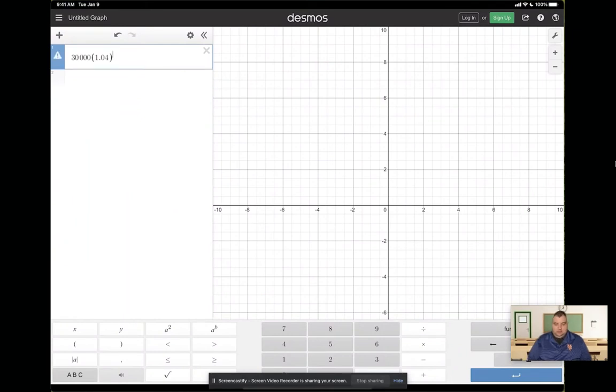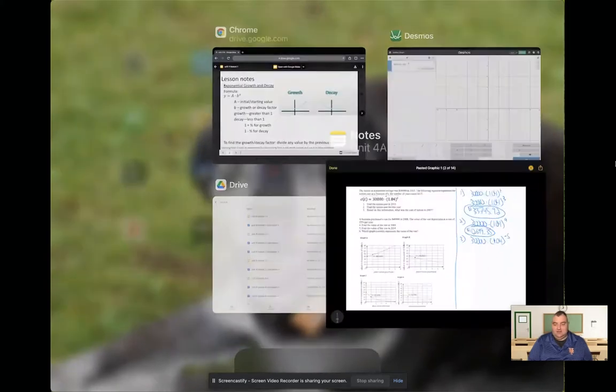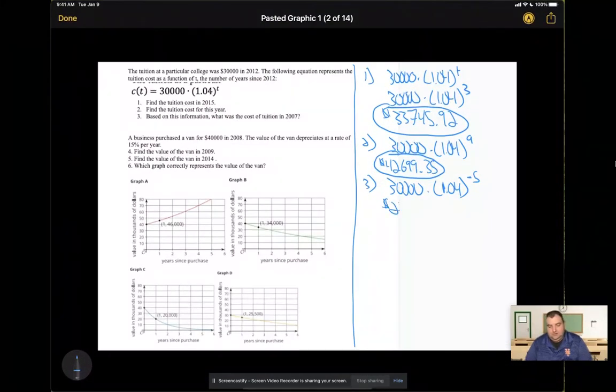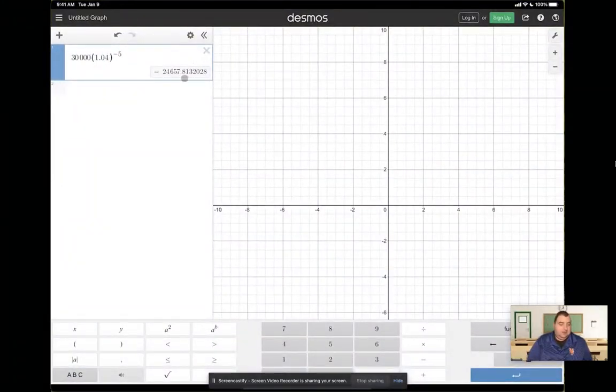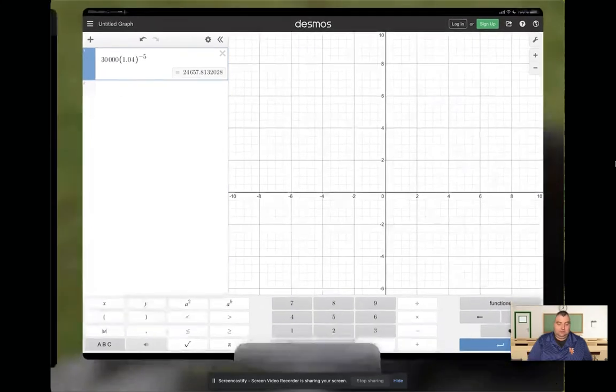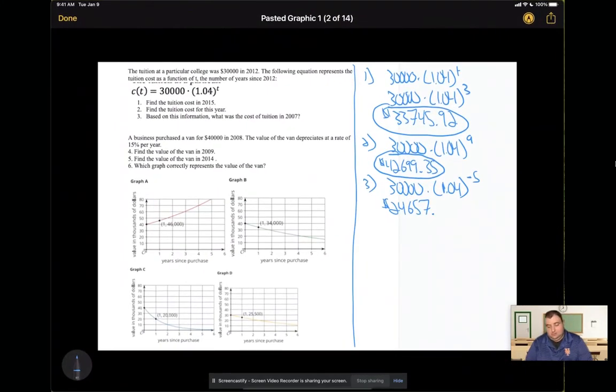If I change this to a -5, I get a value of $24,657.81. Okay, so that's this first set of examples here.